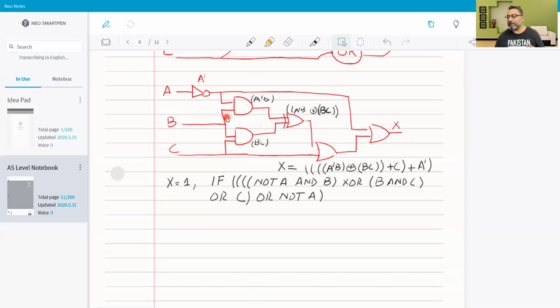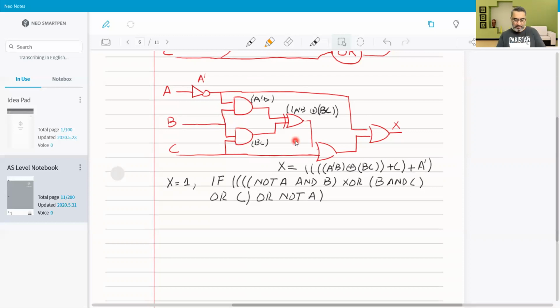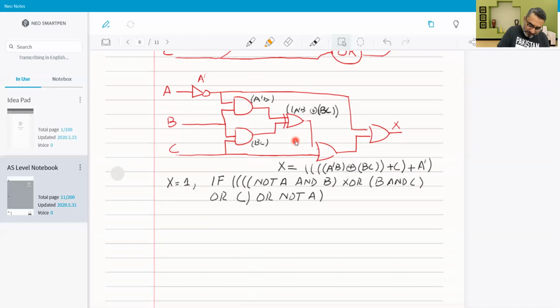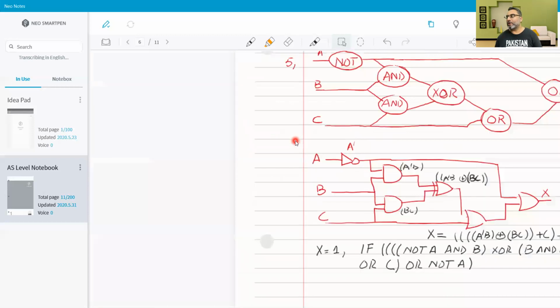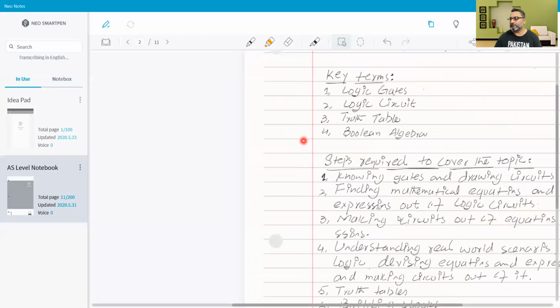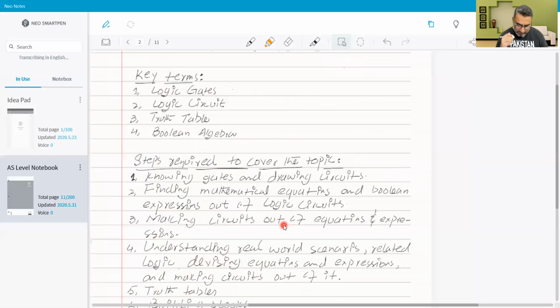So this was our one thing that I wanted you to learn, and this was actually the first stage of steps required to cover the topic, knowing gates and drawing circuits and finding mathematical equations and Boolean expressions out of logic circuits.